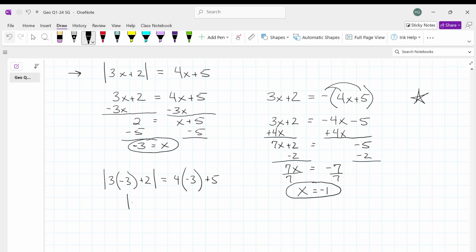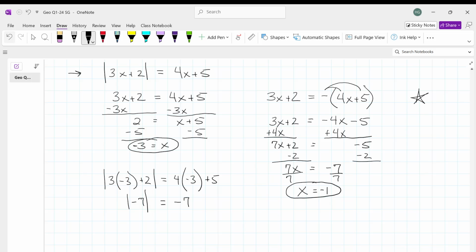Good. So we get the absolute value of -7. Is that equal to 4 times -3, which is -12, and -12 plus 5 is -7?